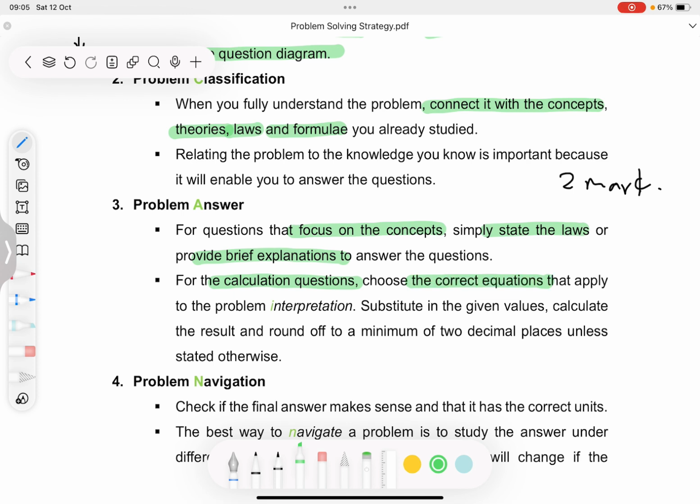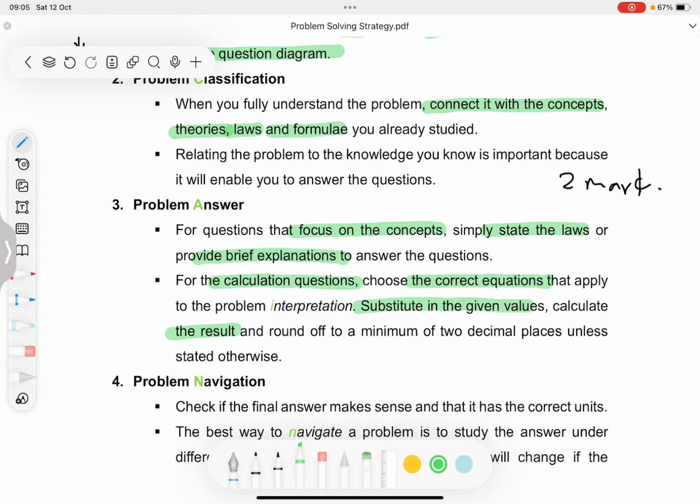And after choosing that equation, you just substitute into that equation to get your answer. Sometimes some of the questions are not that straightforward. There may be simultaneous equations where you have to calculate other things before you get to the final answer.